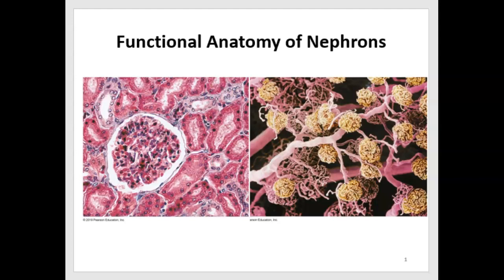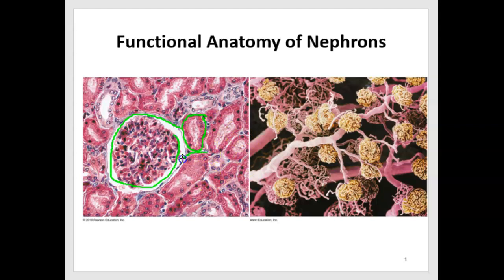The pictures that you're looking at on this first slide include a cross-section and a microscopic image on the left of a renal corpuscle, as well as the nephron tubules that are shown in cross-section.